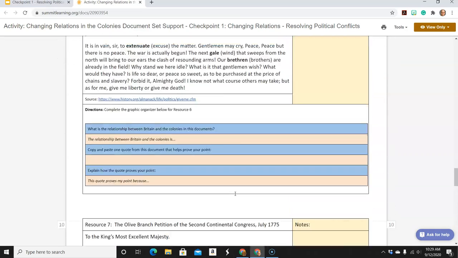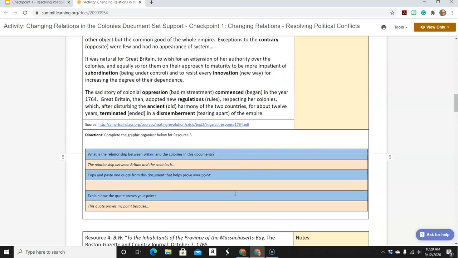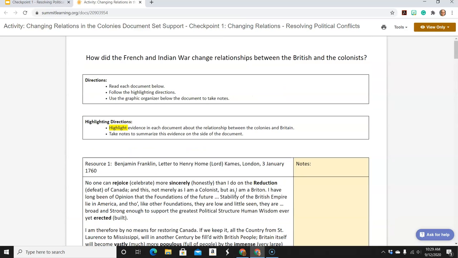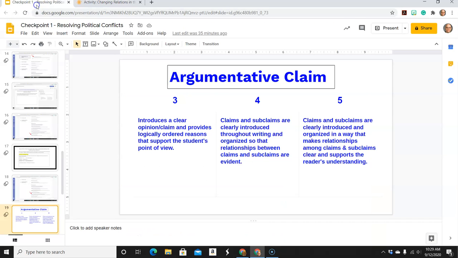Okay, guys, so there are 8 total sources. You need to pick evidence from one to provide evidence for your argument claim and your explanation of evidence. So let's take a look at the argument claim rubric. To get a 3, you need to introduce a clear opinion and provide logically ordered reasons that support the student's point of view.